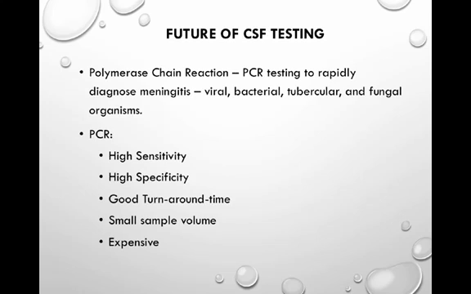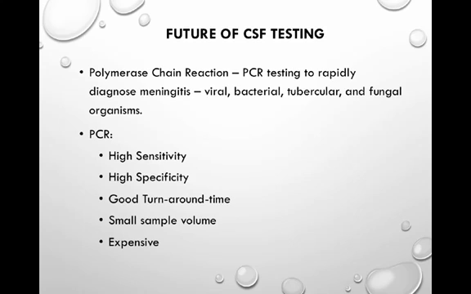So when compared to the standard procedure, PCR testing is fast and can be done with small volumes of CSF, which is important because of the fact that we only get a small volume. Also, PCR testing is expensive, unfortunately, and there is potential for cost savings by decreasing overall diagnostic testing.